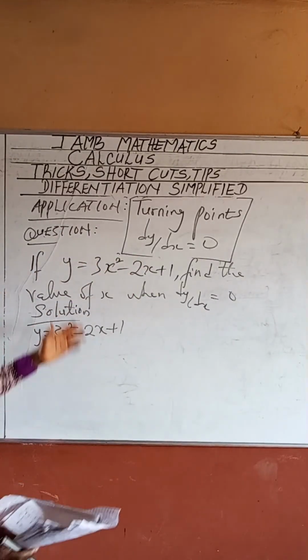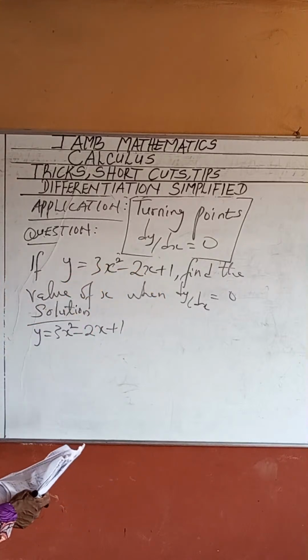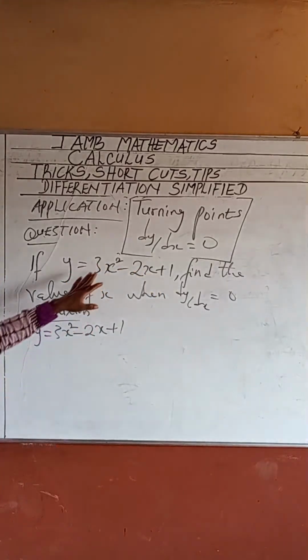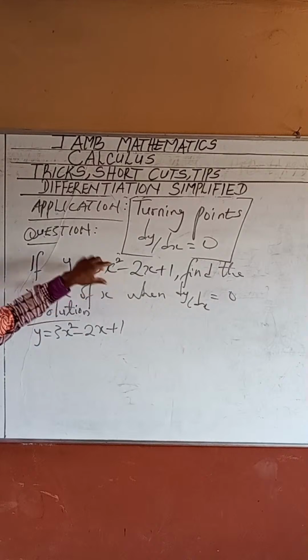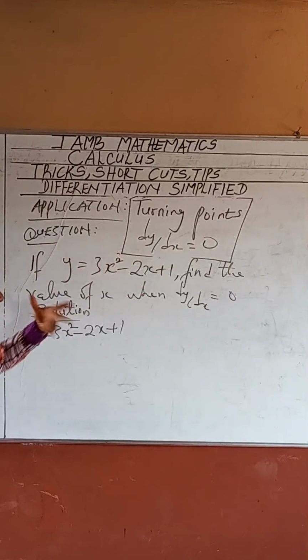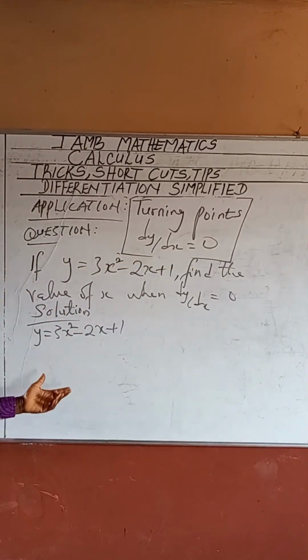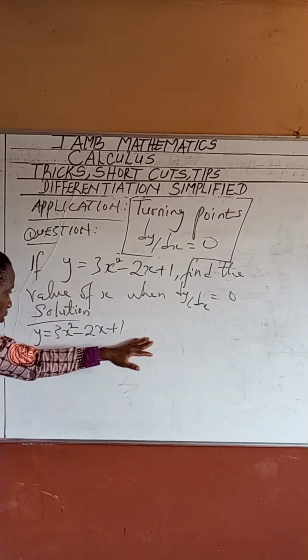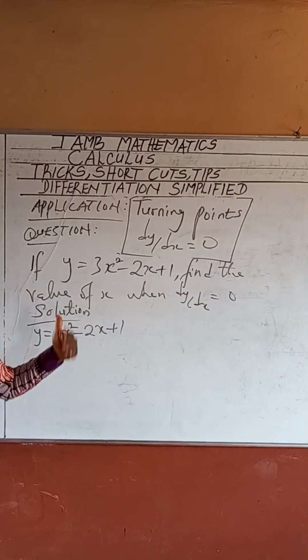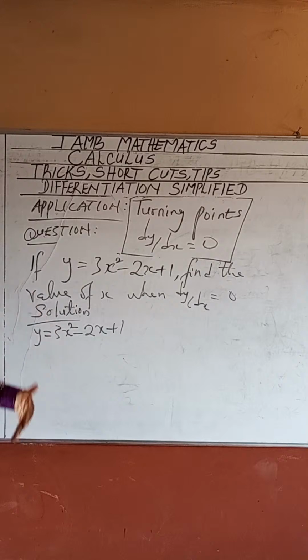That's how JAMB behaves. JAMB does not change everything, but the pattern remains the same. You can only adjust some of the figures. So that's why we advise students to always study JAMB patterns. As you are studying the questions, study the patterns.